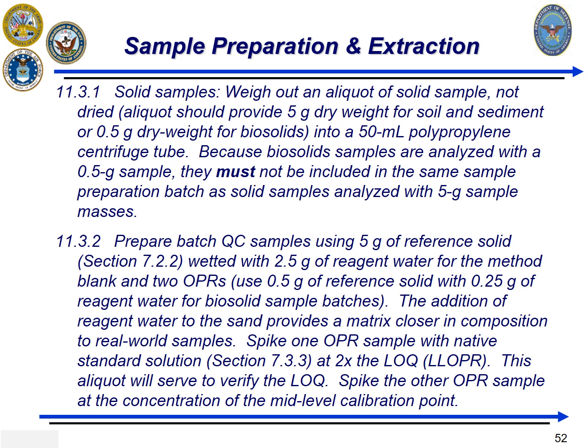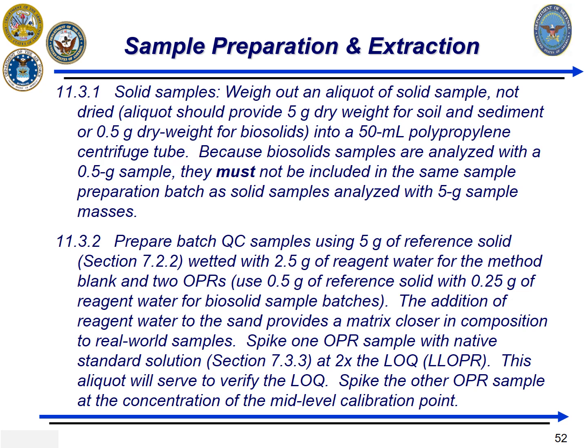Section 11.3.2, again, just like the aqueous sample batches, requires a method blank and 2 OPR QC samples to be included in each preparation batch. One of those OPRs, again, is a low-level OPR spiked at 2 times the limit of quantitation, and the other OPR is spiked at the mid-level calibration point.